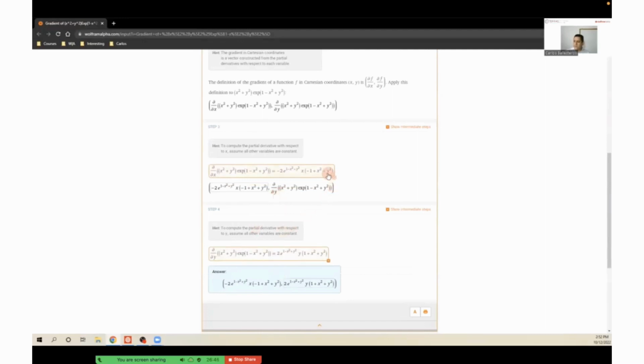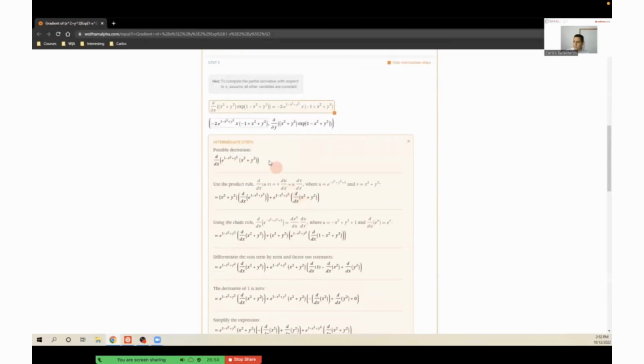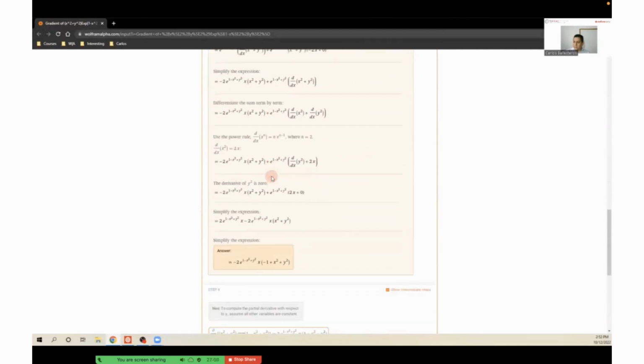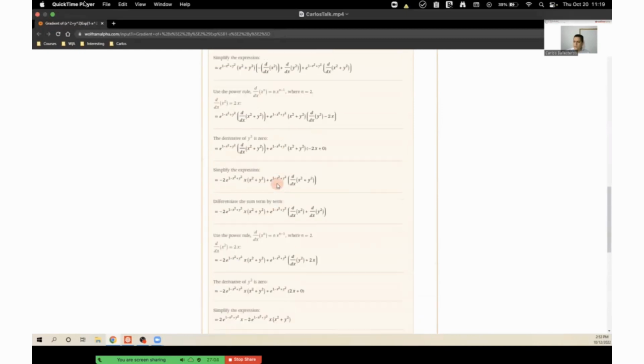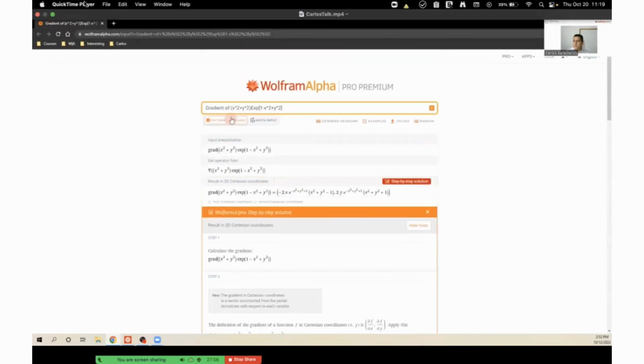As you can see here, we can see the intermediate steps using this button, and we can see how to calculate the partial derivative. This function works for queries like this.